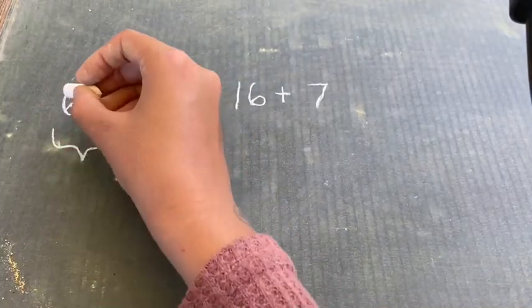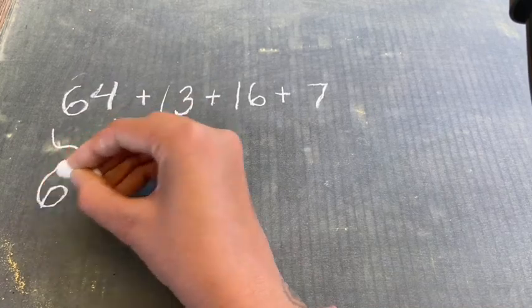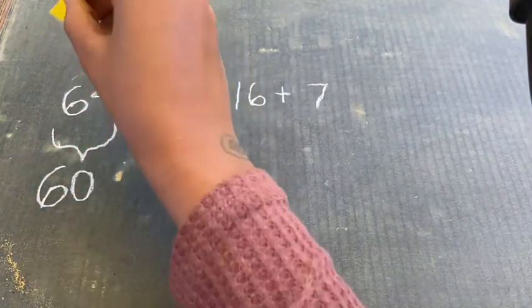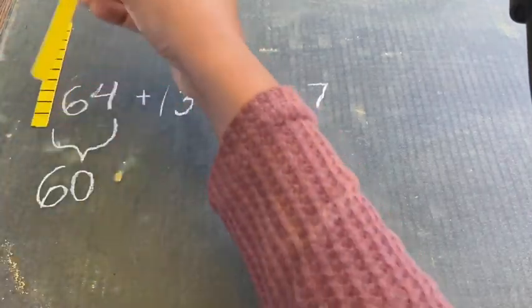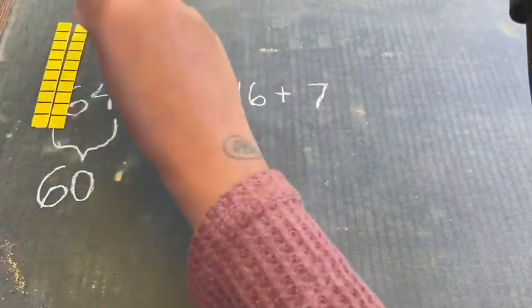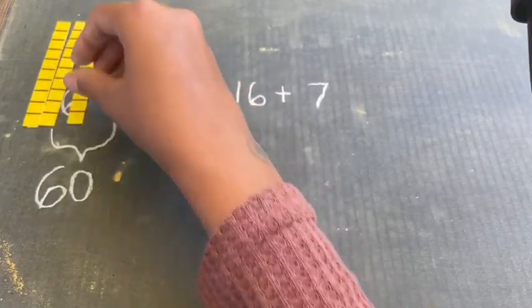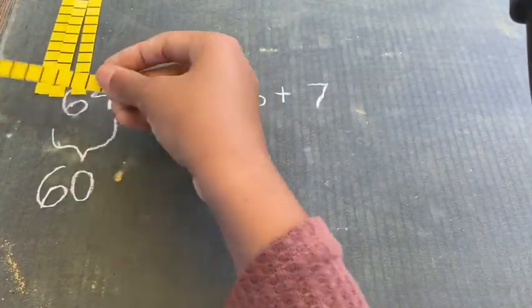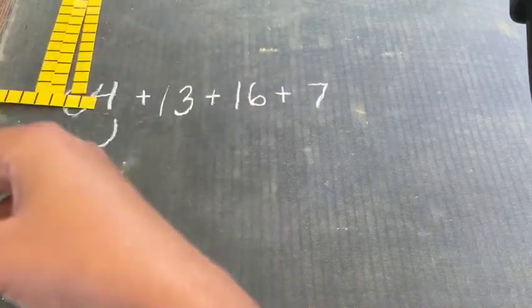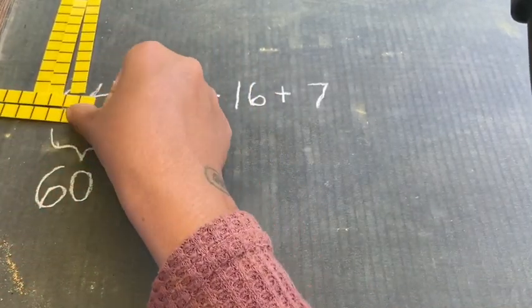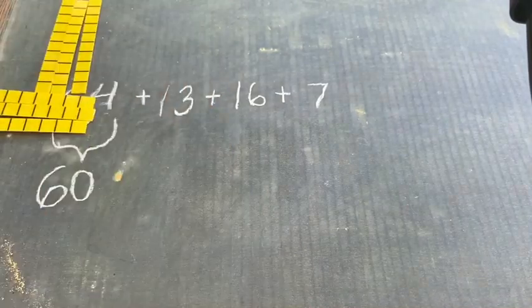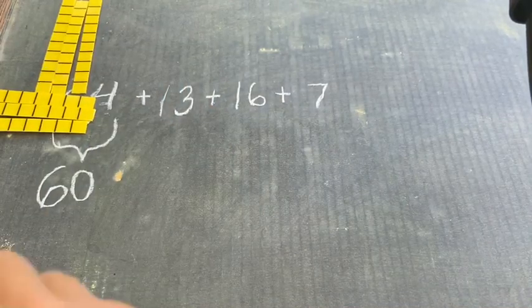The number 64 has 6 tens, making 60. 1, 2, 3, 4, 5, 6.